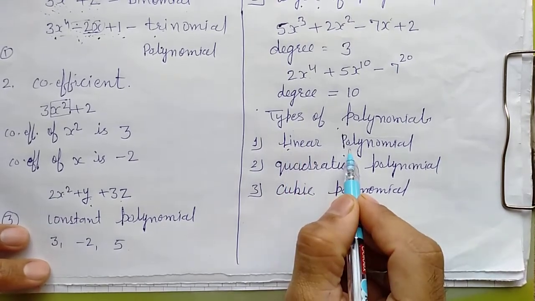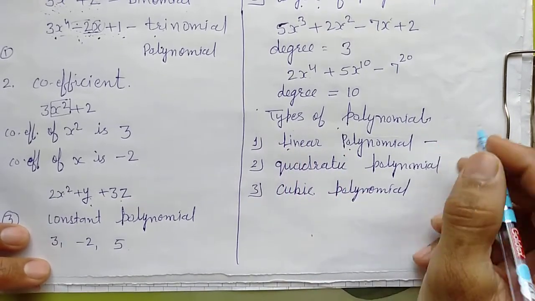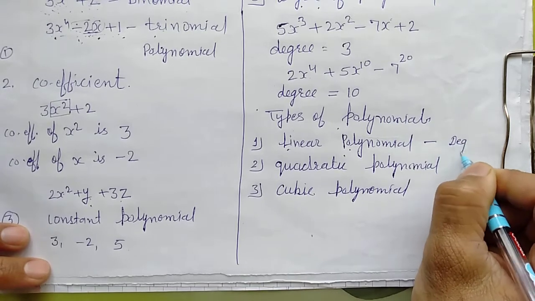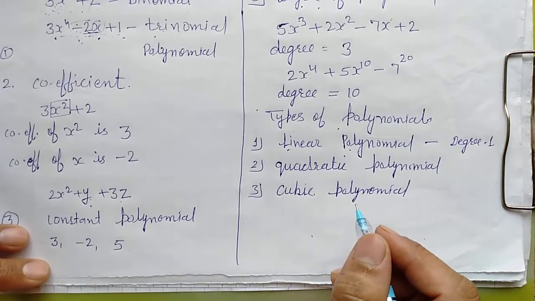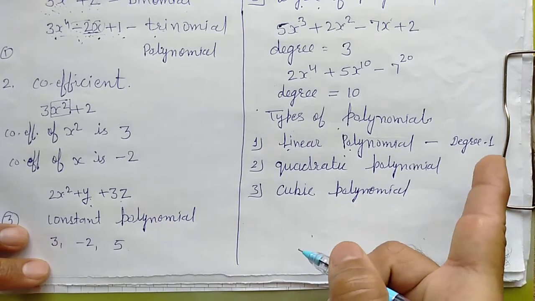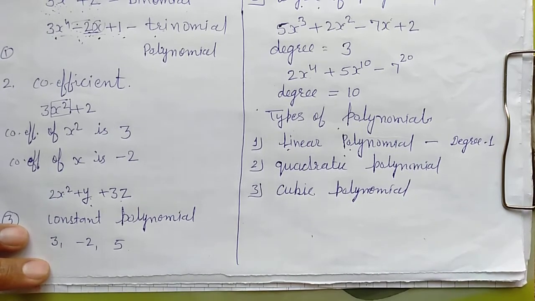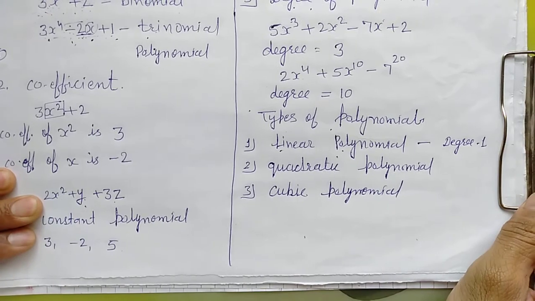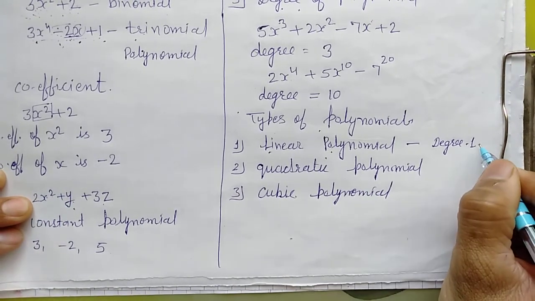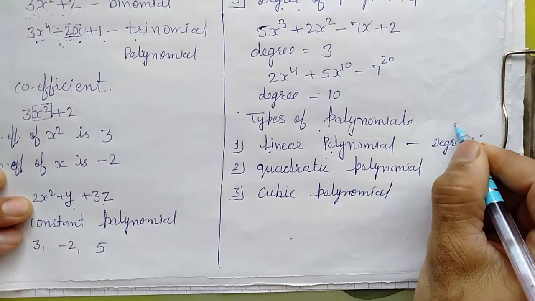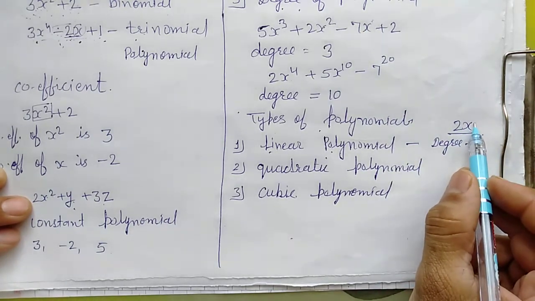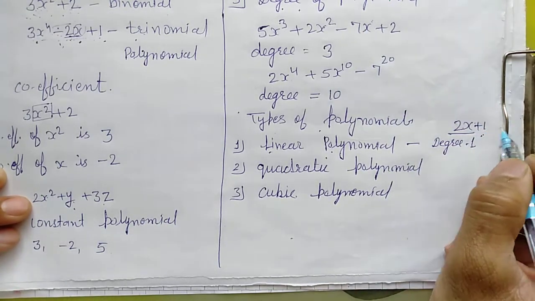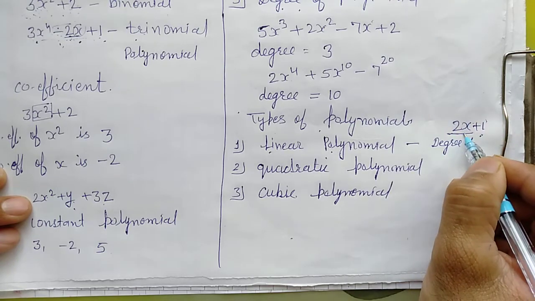Linear polynomial means a polynomial of degree 1. If degree is 1, suppose a polynomial is 2x. Here the degree of x is 1. 2x plus 1, then still the degree is 1.